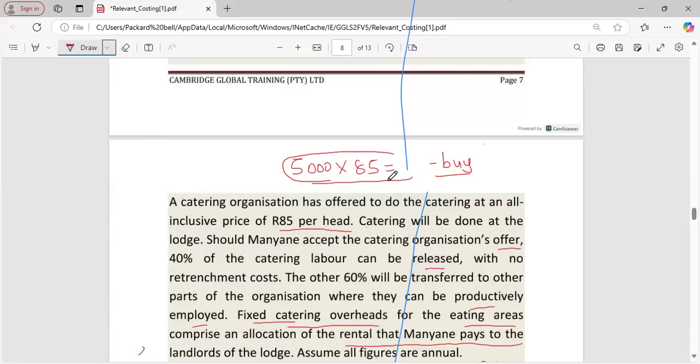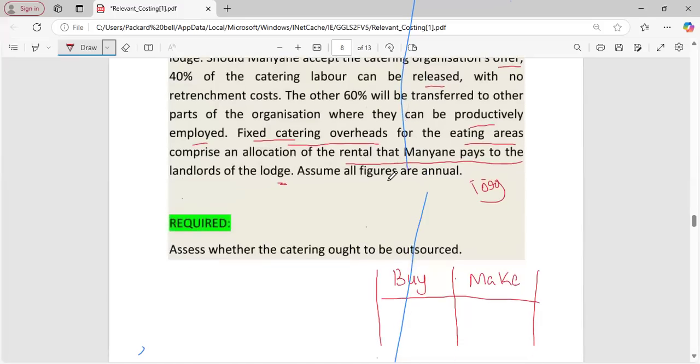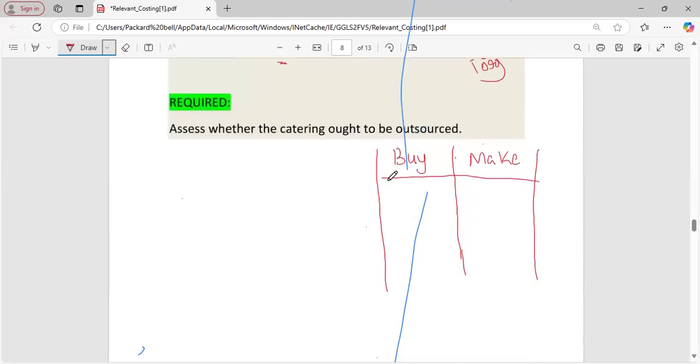I think the 85 rand for the cost of the food is the first relevant cost. Okay. So what do you call that one? We call it external catering.